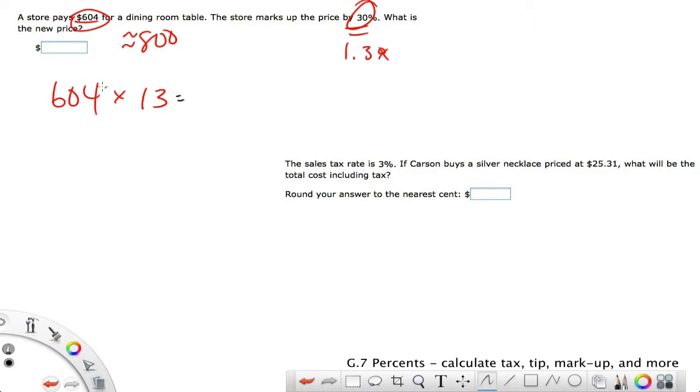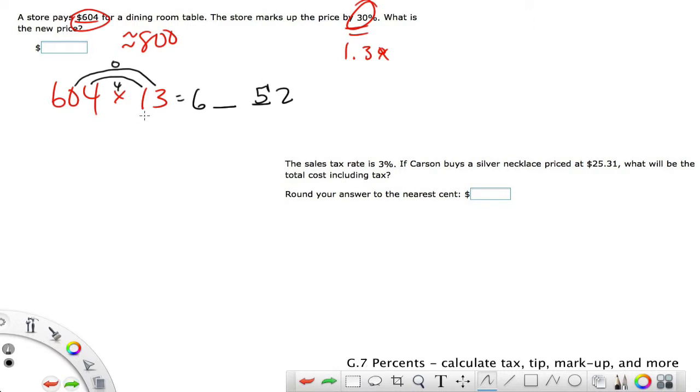So we do the rainbow. We say 6 times 1 is 6, 2 spaces, 4 times 3 is 12, carry the 1. Now we do the inside, the top rainbow. We have 4 times 1 is 4, 0 times 3 is 0, so we get a 4 here. Now I'm going to go ahead and add this on and make it a 5. So I've already done my carry there.